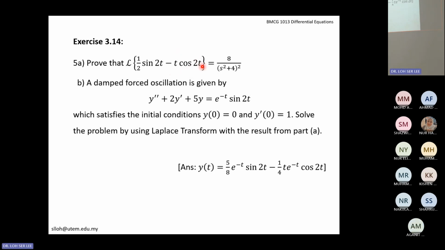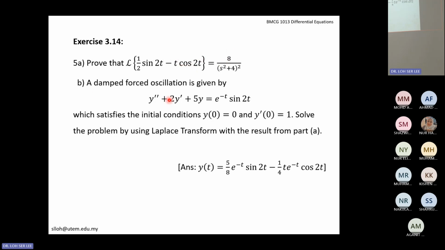This is a product function with t, so you have to apply the derivative rule. Then you get this one.